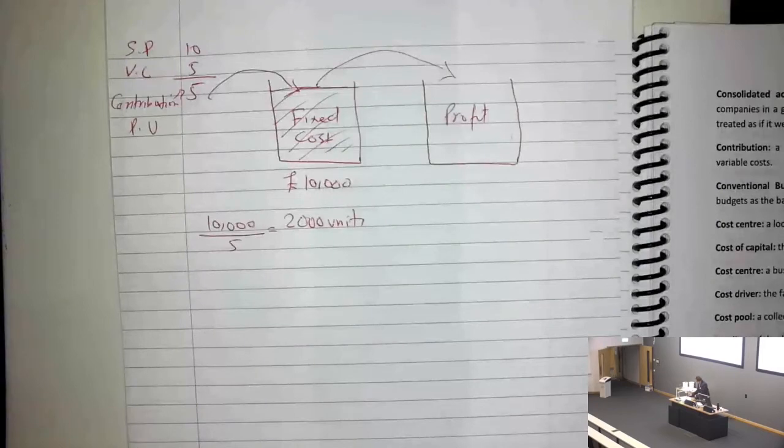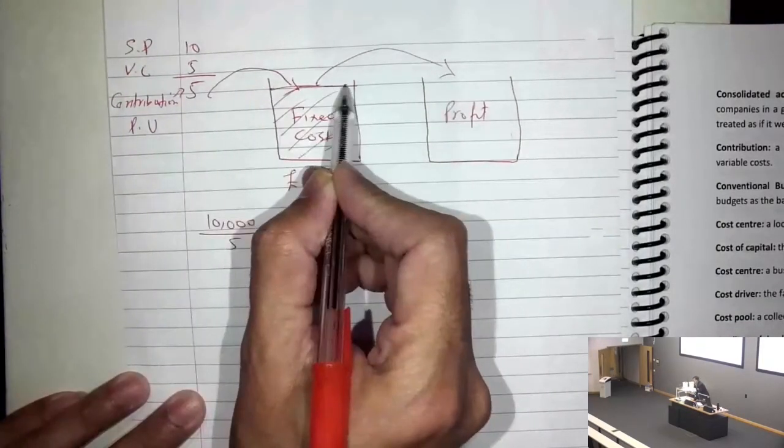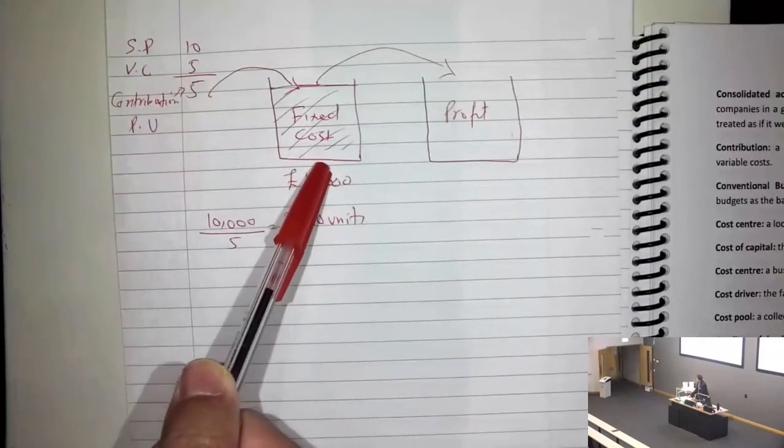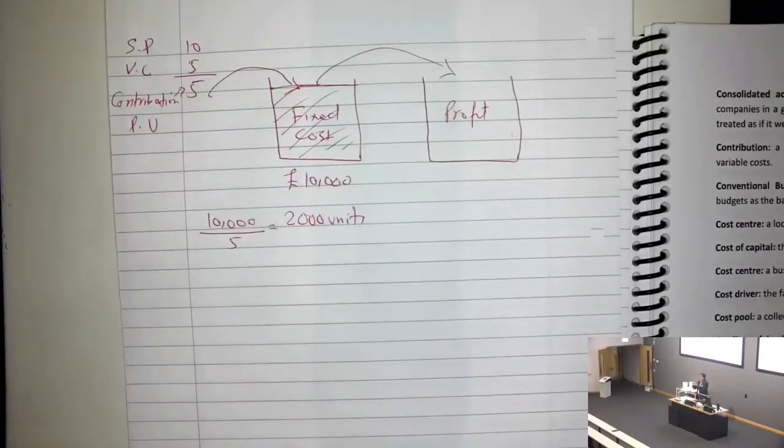The point where we have met all of our fixed cost, that means variable cost we have already taken away, and then fixed costs are now met. We are at a point where we have covered all of our costs.